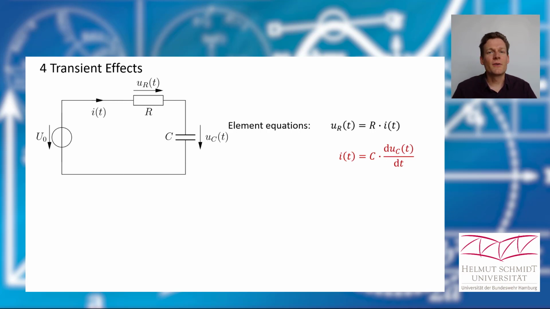Okay, we need a third equation, and we use Kirchhoff's voltage law, and it says that the sum of UR and UC equals the source voltage U0.